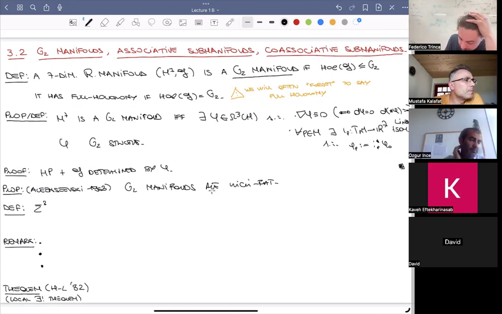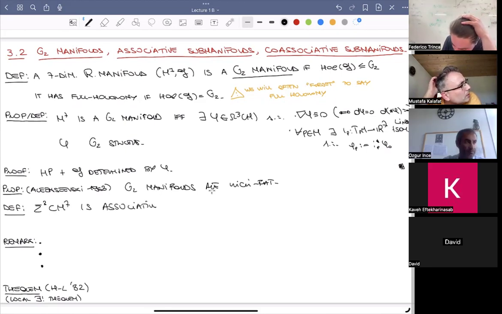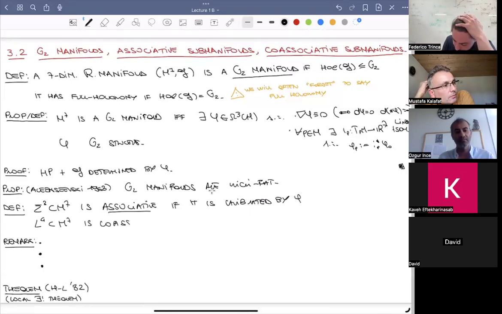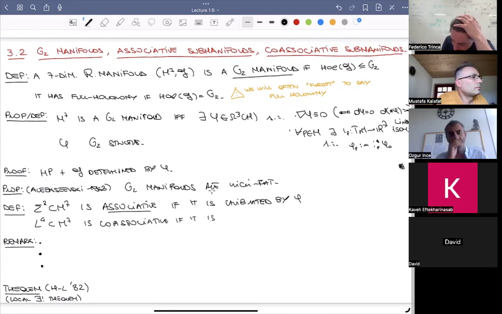So a three-dimensional submanifold of M7 is associative if it is calibrated by phi, and a four-dimensional submanifold of M7 is co-associative if it is calibrated by star phi.